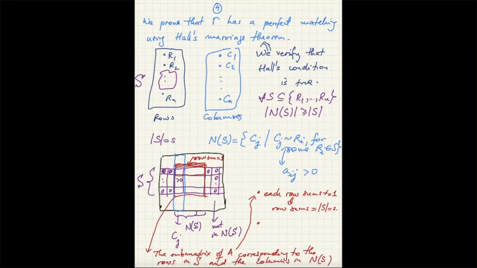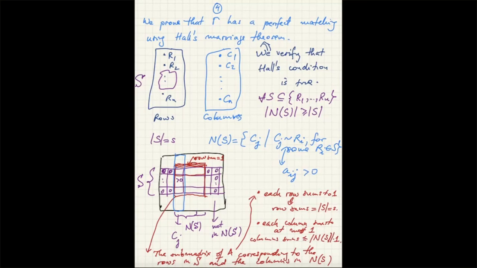So the subset of the column is going to sum up to something that is less than or equal to 1. So each column sums to at most 1. It could be 1, but it's 1 or less. So if you do column sums, this is less than or equal to, how many columns do we have? It's the cardinality of N of S times 1.